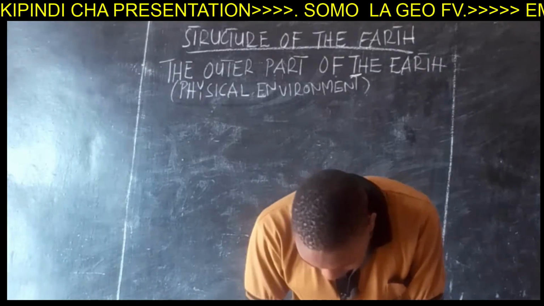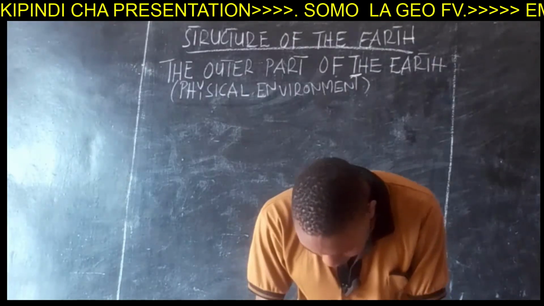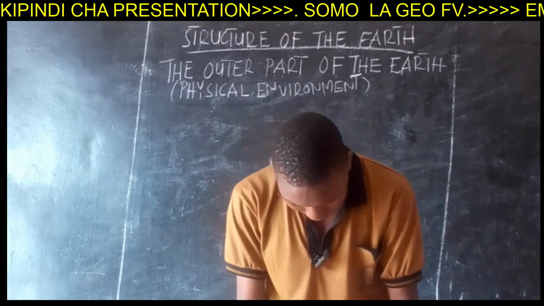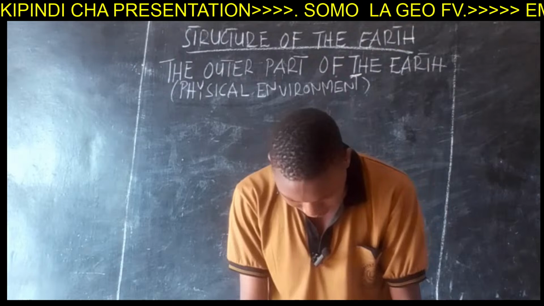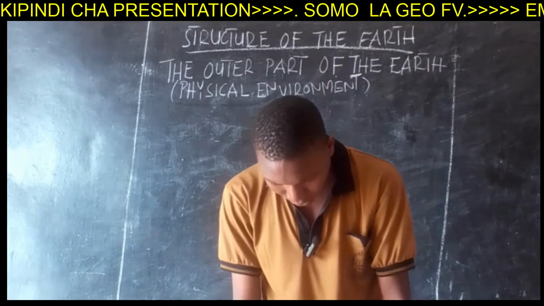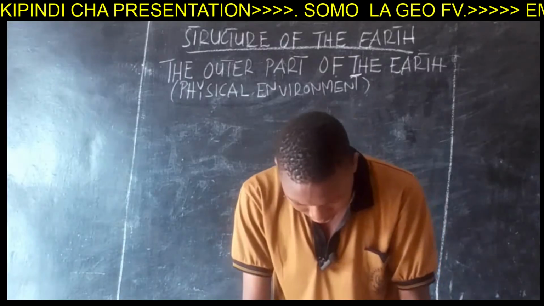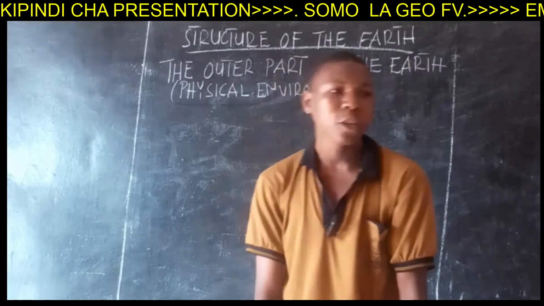The destruction of this layer has made intense ultraviolet rays reach the Earth's surface, increasing global warming, causing floods and a rising sea level due to melting.